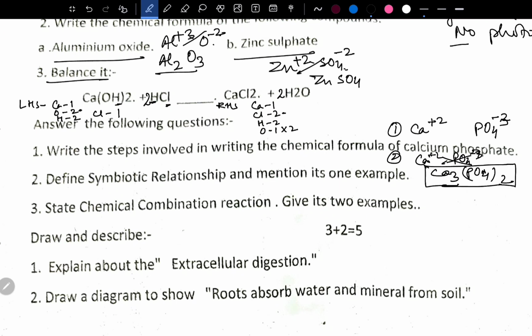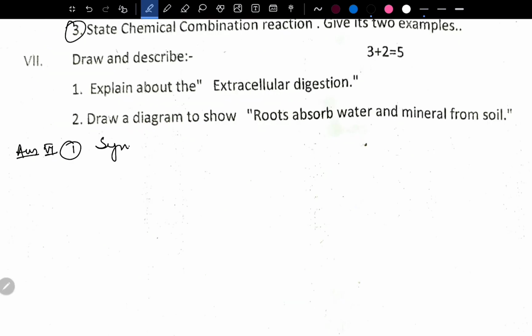This is calcium phosphate. So symbiotic relationship. What is symbiotic relation?